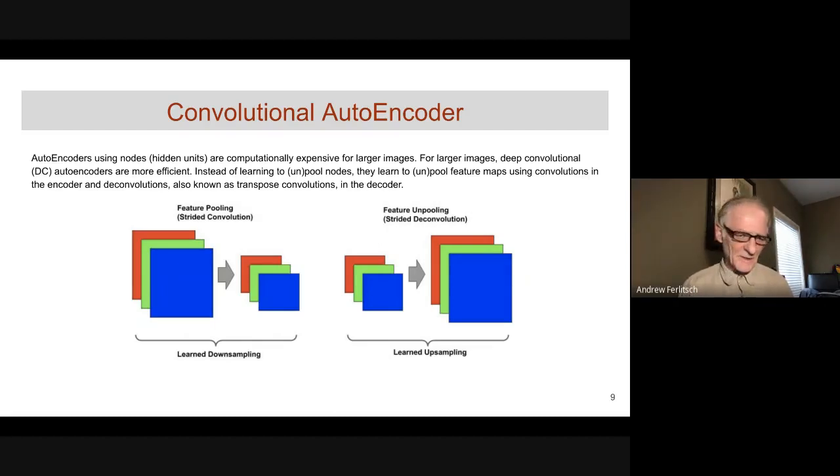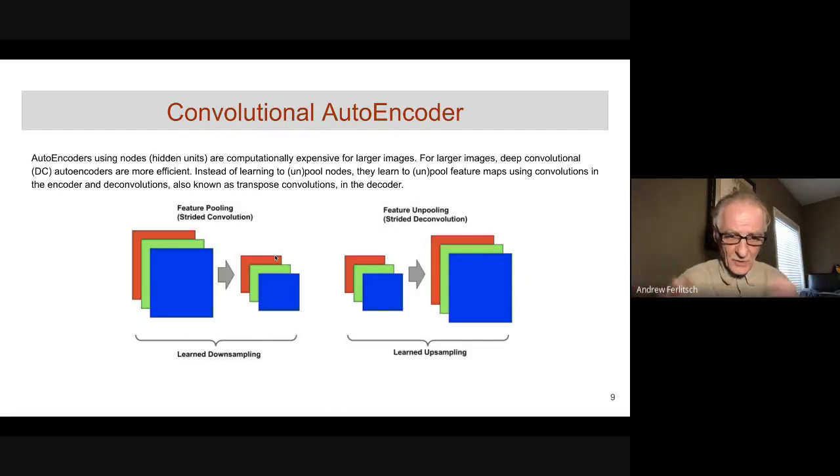Now, at this point, many of you might not know what a deconvolution or a transpose convolution is, so I'm going to give you a quick explanation of the differences. By now, you would be familiar with the idea of feature pooling in a convolution. When we set the stride to 2, whatever we output in feature maps is going to be 1/2 the height and 1/2 the width.